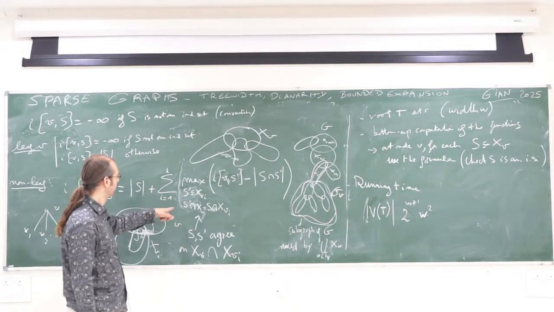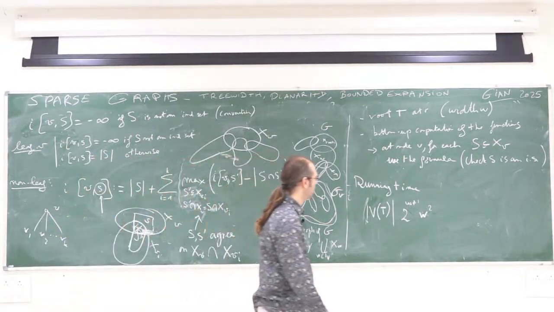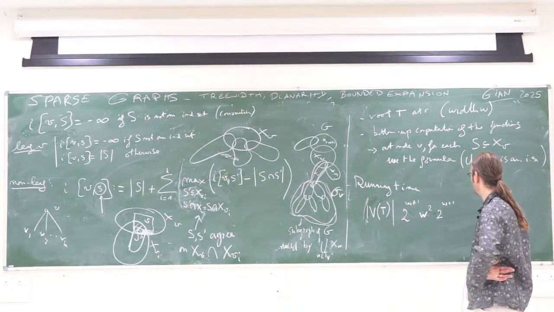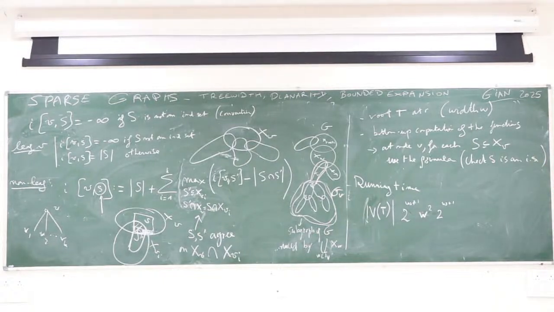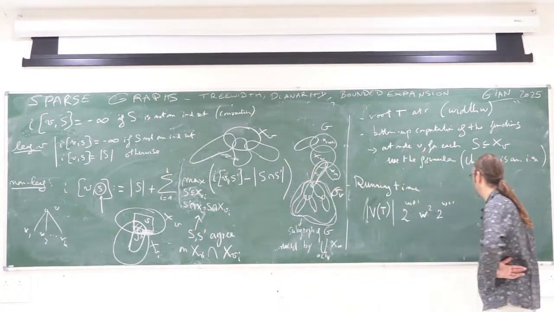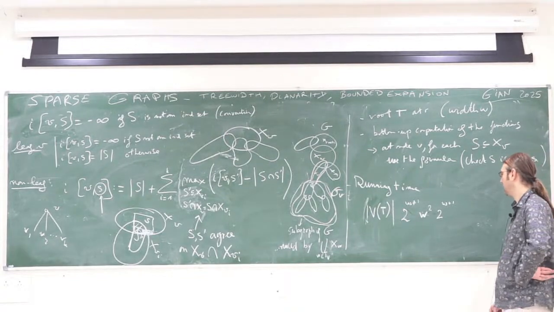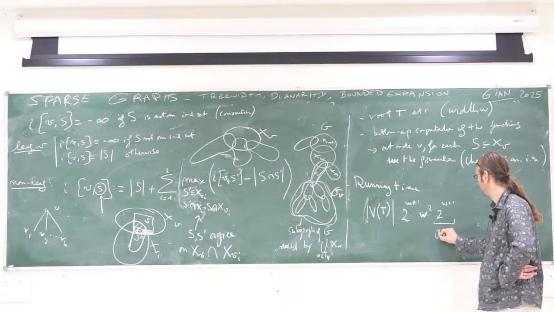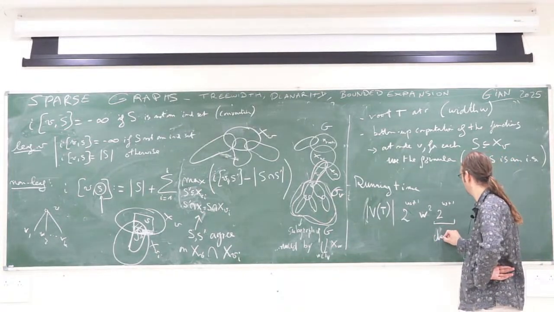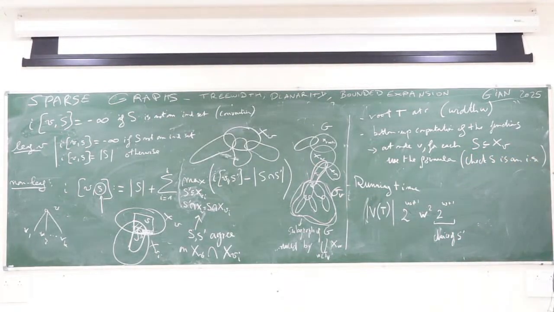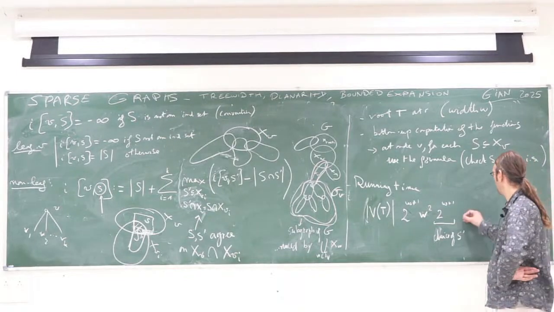For every child, you have to go through all these possible S primes. So this might be another 2 to the w plus 1. But these choices are individual, so you do it for the first child, then again for the next child, and so on. This is for the children, the choice of S prime. So you have to maybe multiply by the number of children.